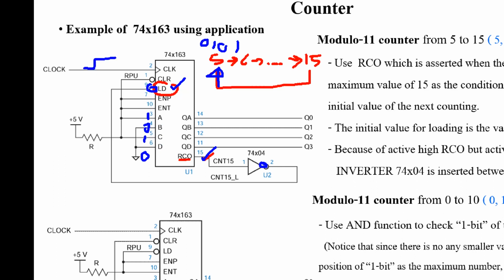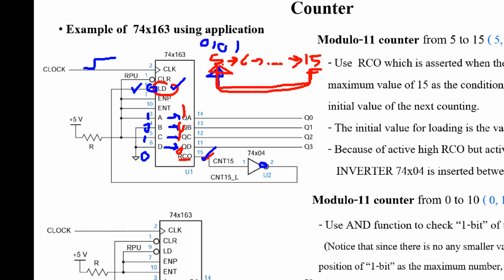That means when the clock ticks, load is active. So this IC will read data from DCBA, or 0101, to update the flip-flop outputs QD, QC, QB, and QA. So the counter can continue from 15 to the 5 state.